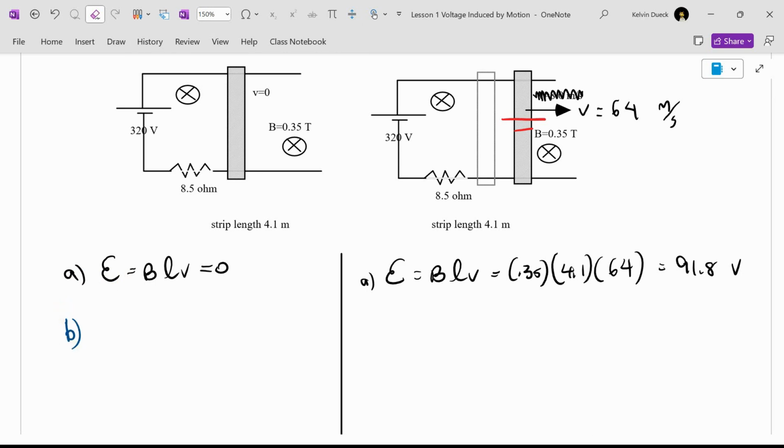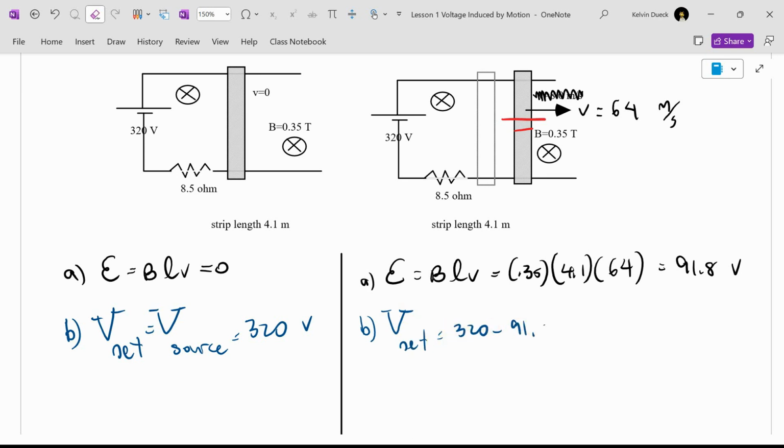Caden, what's B want me to find? The net voltage. Here, since the induced voltage is 0, the net voltage is just the source voltage, 320 volts. But here, it's going to be 320 take away 91.8 because they're opposing each other.